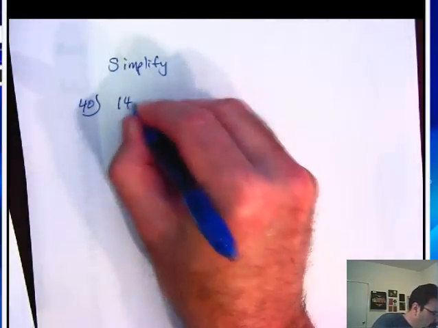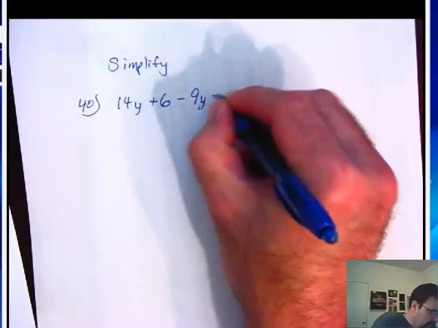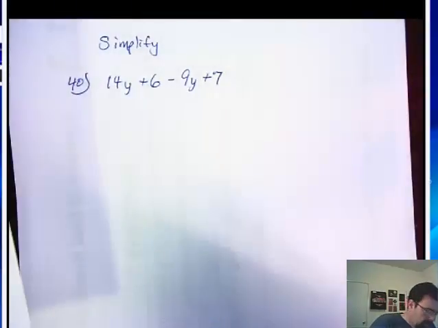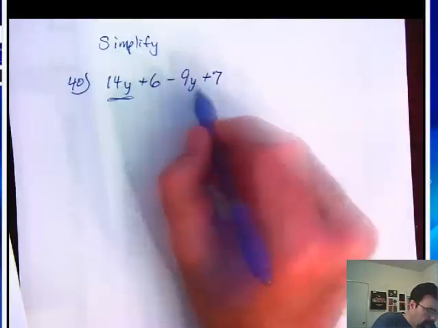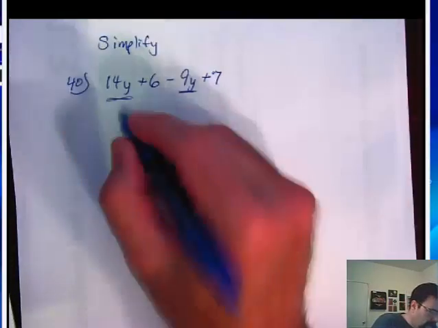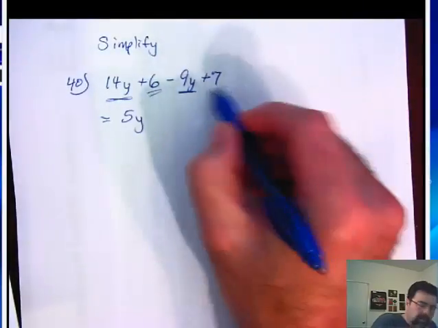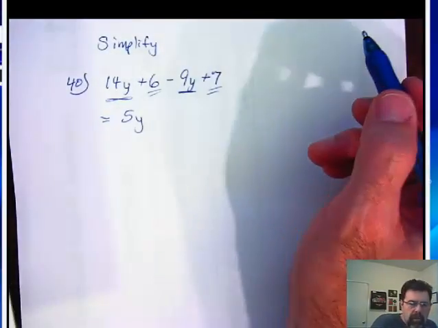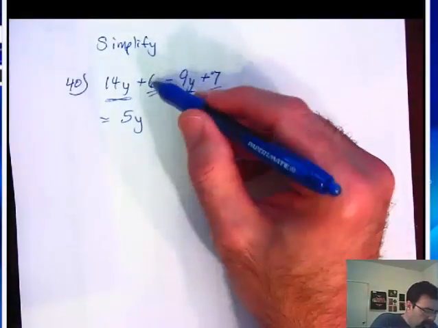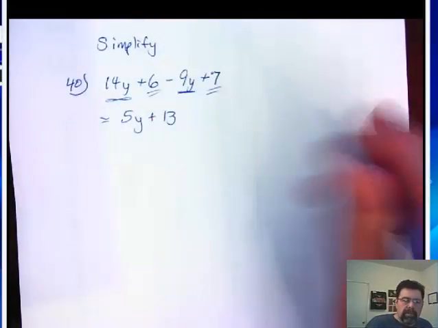So we got 14y plus 6 minus 9y plus 7. And again, we're going to look for like terms. So 14y minus 9y is 5y. And then the numbers just by themselves, since they have no variable part, they're like terms. Positive 6 plus 7 is positive 13, so we're at plus 13.